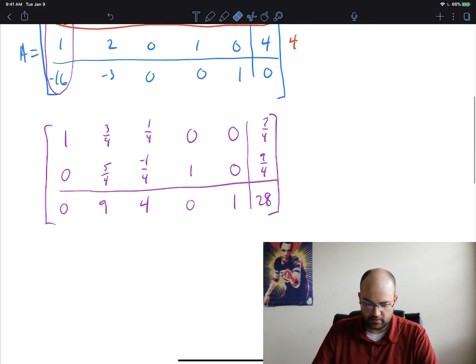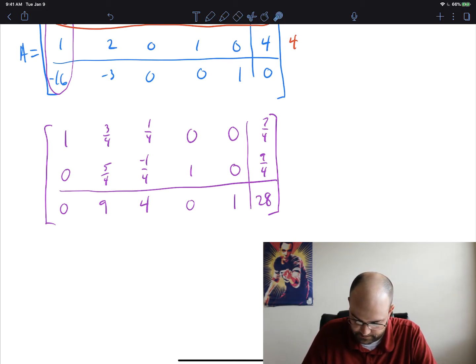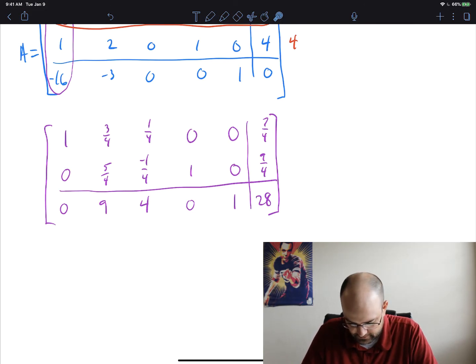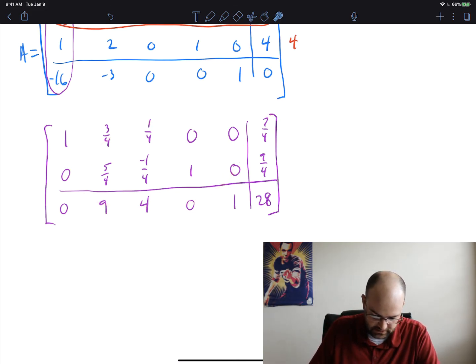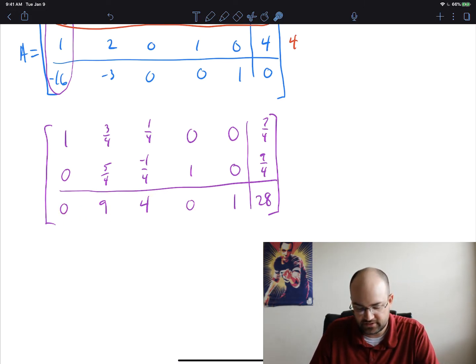You can see I have our pivoted matrix here. And again, as I was mentioning, these are all positives, or non-negatives I should say, which means that we're done.